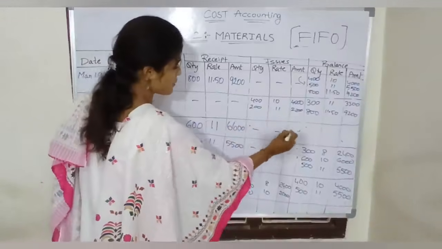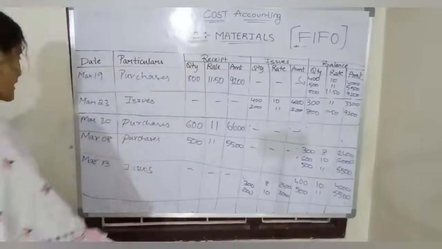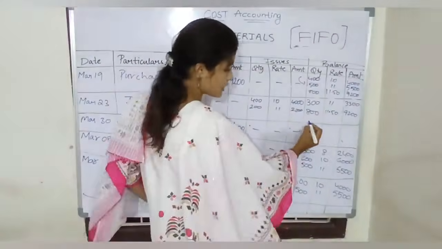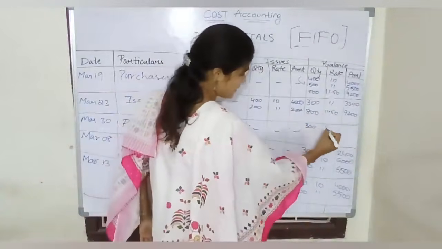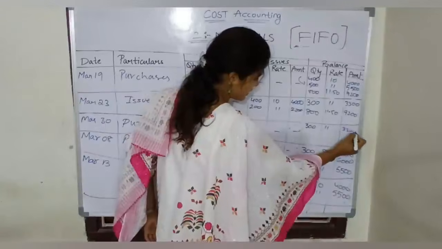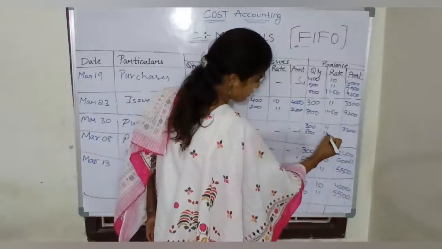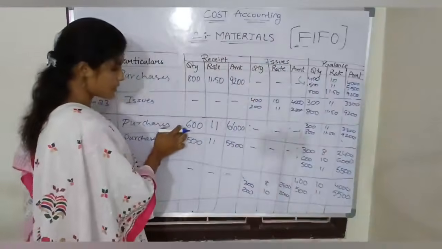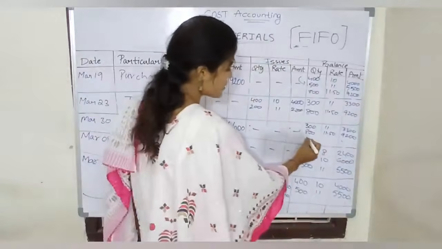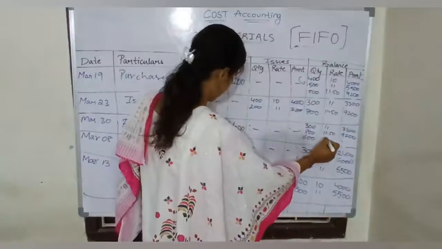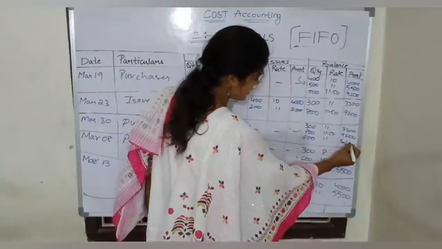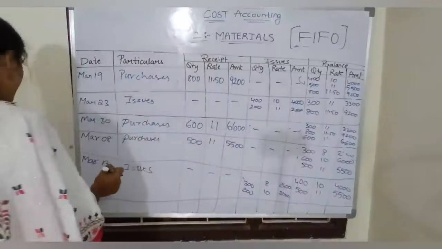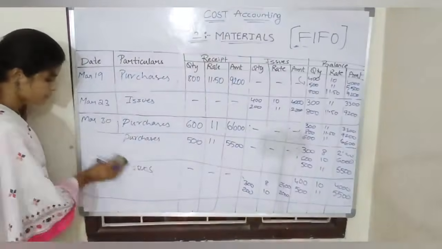Right? Issues we are not having. So what is the existing stock we are having in your balance? 300, 11, 3,300, 800, 11.50, 9,200. What is the new stock entering into the business? 600, 11, 6,600. That's it.